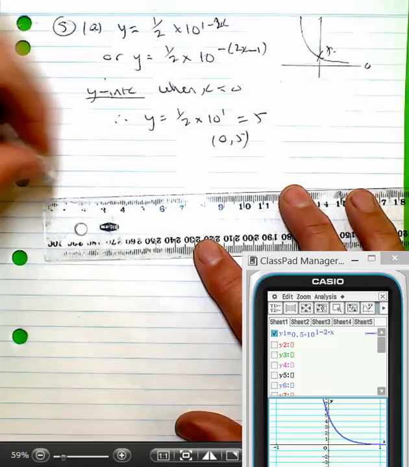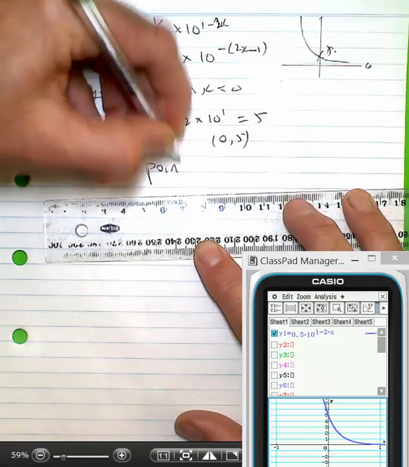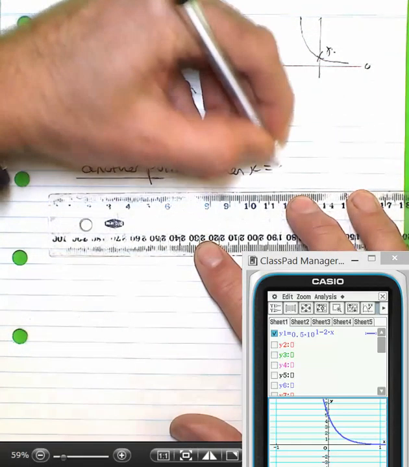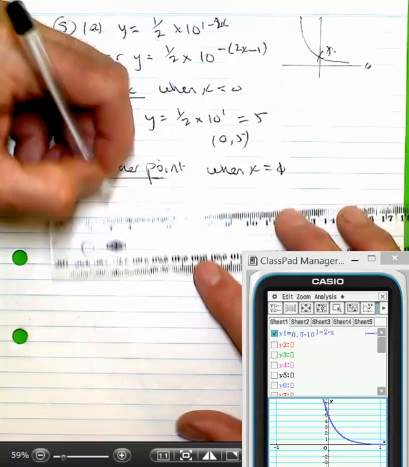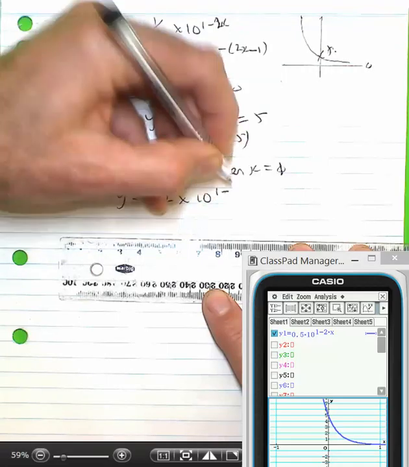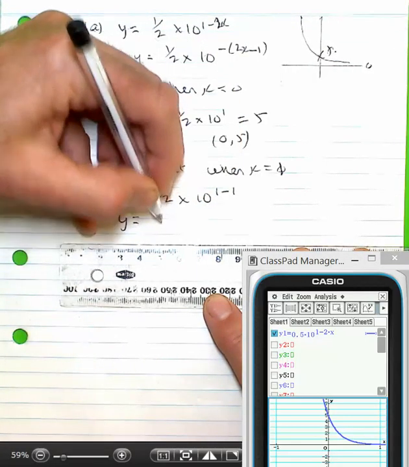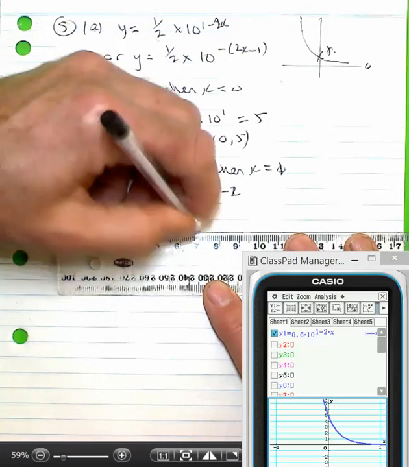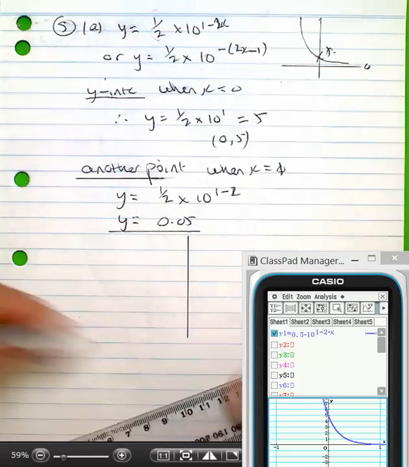And I need another point. I'm choosing when x is equal to 1. So y is equal to 1/2 times 10 to the 1 minus 1, or y is equal to 1 minus 2, 0.05. I can then go ahead and sketch my graph.